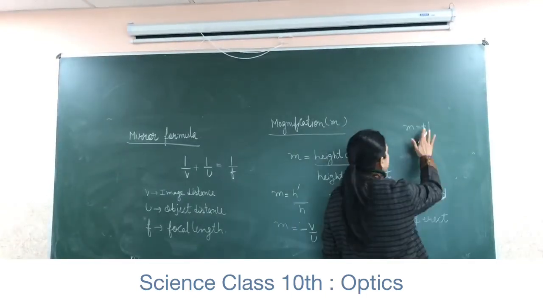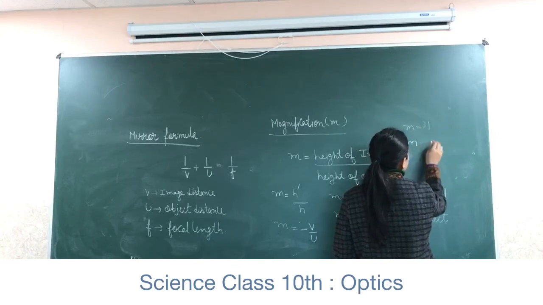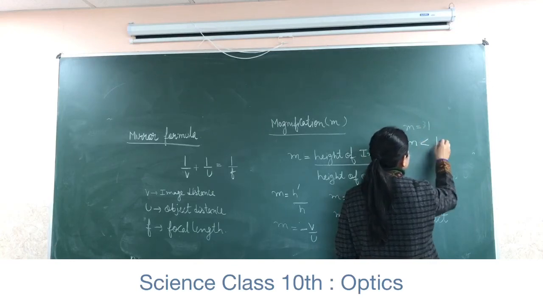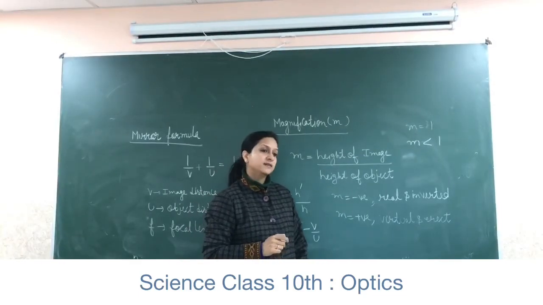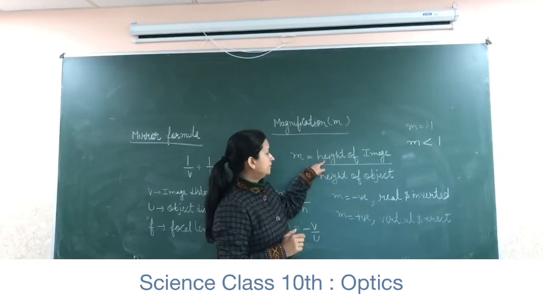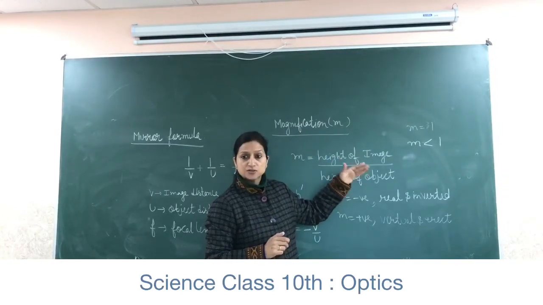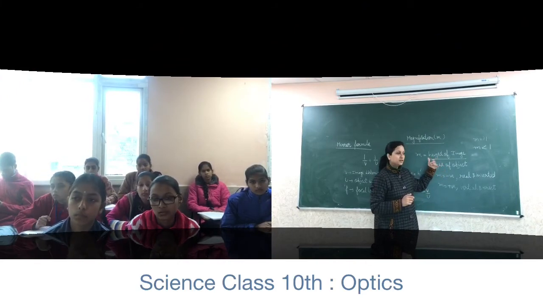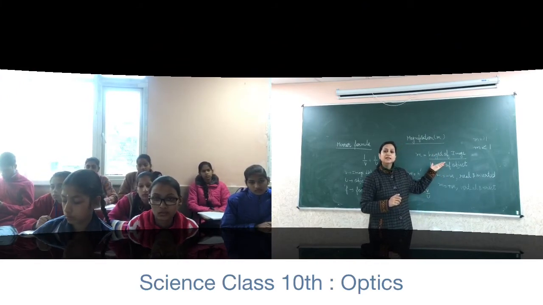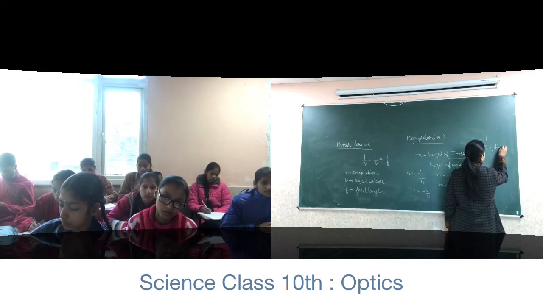Clear? Then suppose magnification is less than 1, what does it mean? The ratio of height of the image and height of the object is less than 1. So it means that the object size is greater than that of the image. And what kind of image is that? Diminished. So you have got a diminished image.